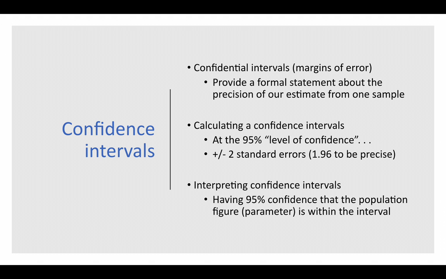Confidence interval basically means how confident you are that all the parameters of your population are within the interval you created. Generally speaking, we use two standard errors on both sides. This is a 95% confidence interval, the level of your confidence.